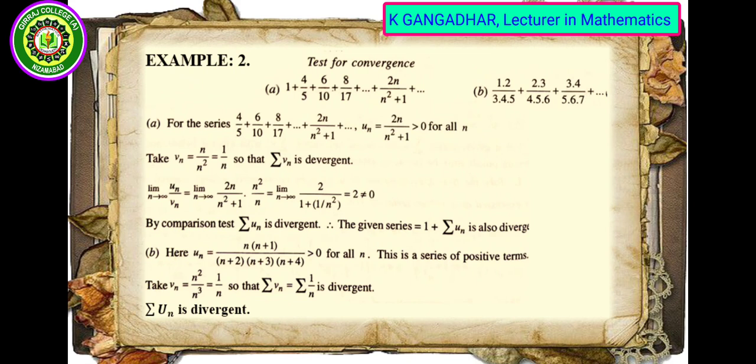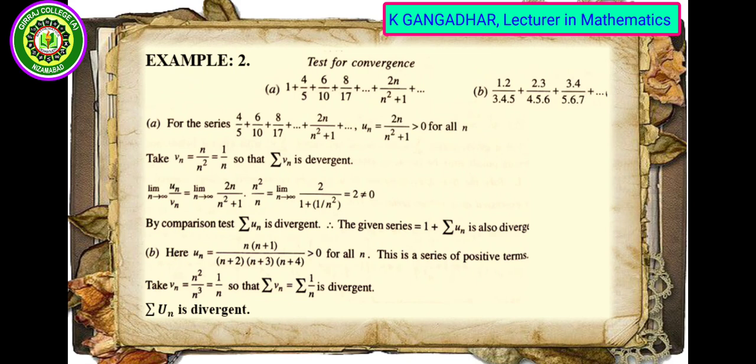Now the next problem: 1 into 2 by 3, 4, 5, then 2, 3 by 4, 5, 6, and so on. The first terms in the numerator are 1, 2, 3 and so on, which we write as n. The second terms in the numerator are 2, 3, 4 and so on, which is n plus 1.